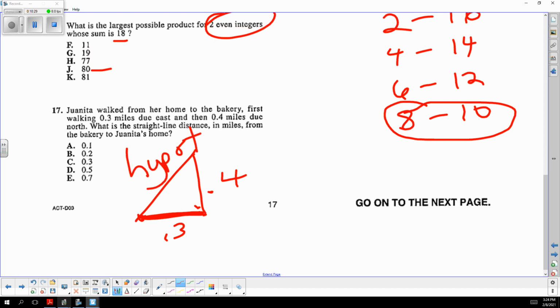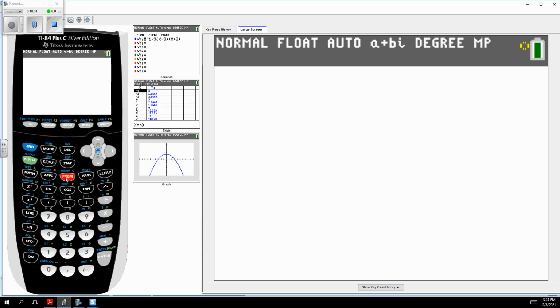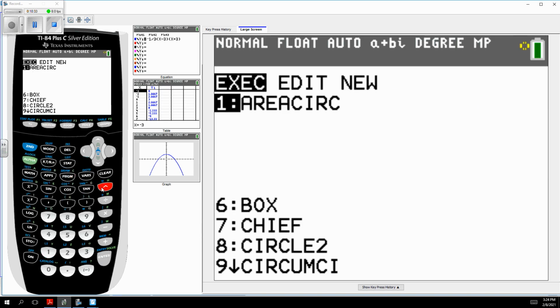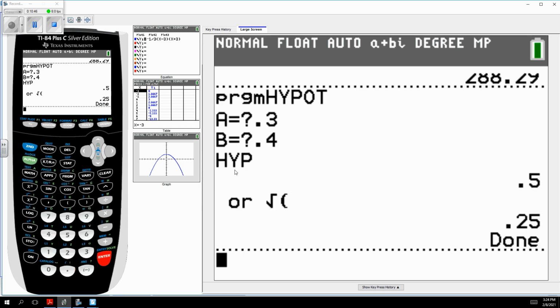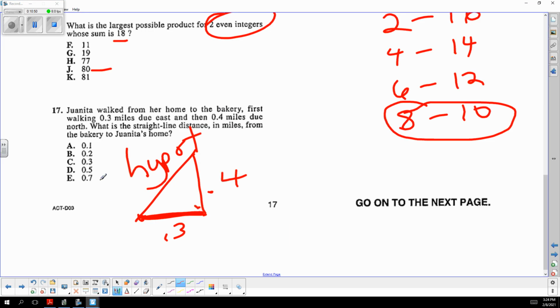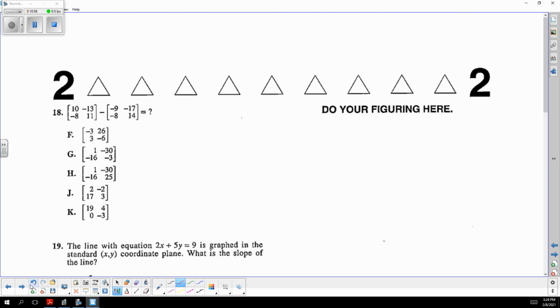So you enter in the program HYPOTENUSE. For the legs, A and B are interchangeable, really. I could have done it backwards. It's 0.3 and 0.4, and the hypotenuse is 0.5. That's how far away you are. Many will recognize that as the 3, 4, 5 right triangle.